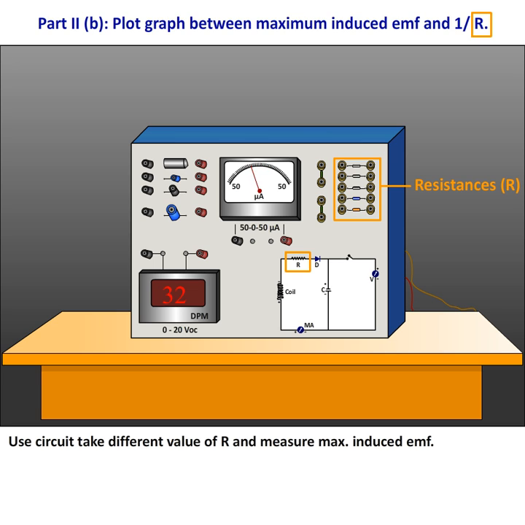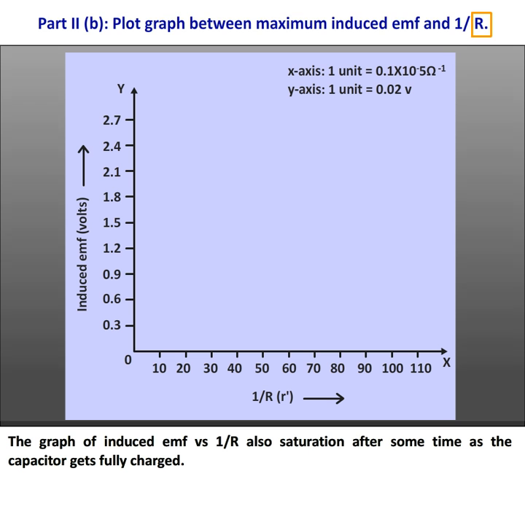Now, to measure the induced EMF from the voltmeter for different values of R is the procedure for this part. About 5 to 8 readings are recorded. We then make a plot between the induced EMF and 1/R. The graph shows saturation after some time when the capacitor gets fully charged.